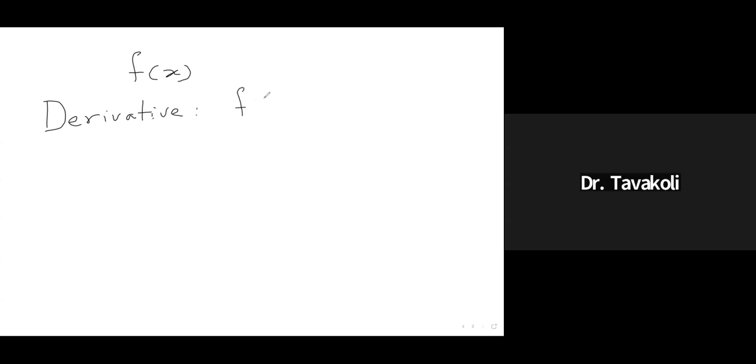One way to show that was, as you might remember, by that prime notation, f prime of x, or d over dx of f of x. Or from the beginning, if I let y be f of x, the derivative is dy over dx.